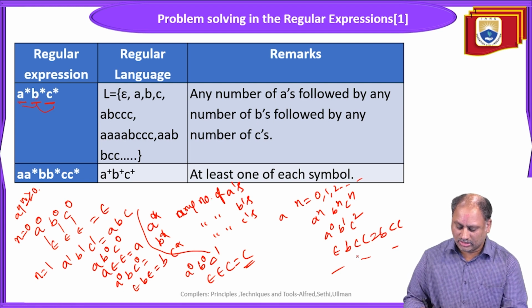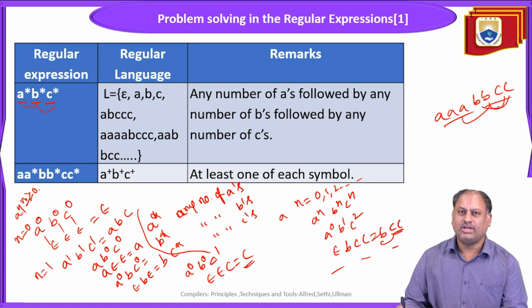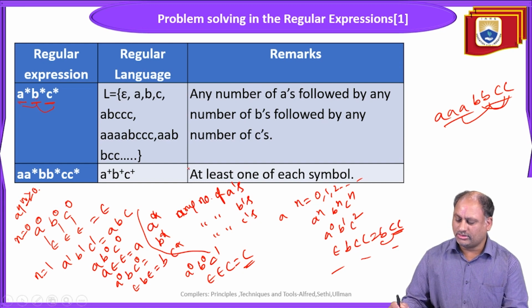So here the main condition is whatever the case, if C's appear, that is after B only, and A appears before B only. So the condition is A's followed by B's followed by C's. A follows any number of B's, B follows any number of C's. That is the concept. Sometimes if the options of B's are not available, then there is no problem, the sequence may not change. So that is the star.